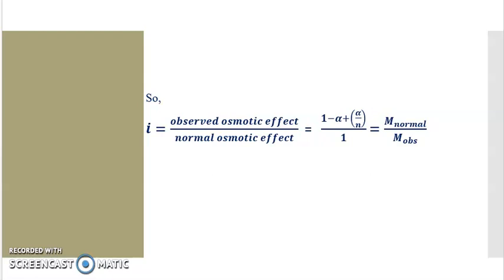It will be equal to M normal divided by M observed, where M is the molecular mass of the solute, that is, normal molecular mass divided by observed molecular mass. So this is the case of association.